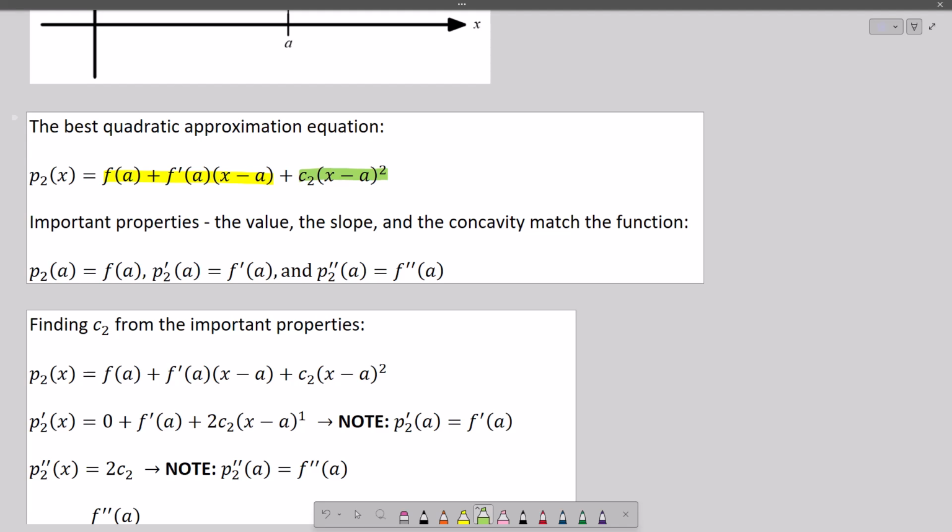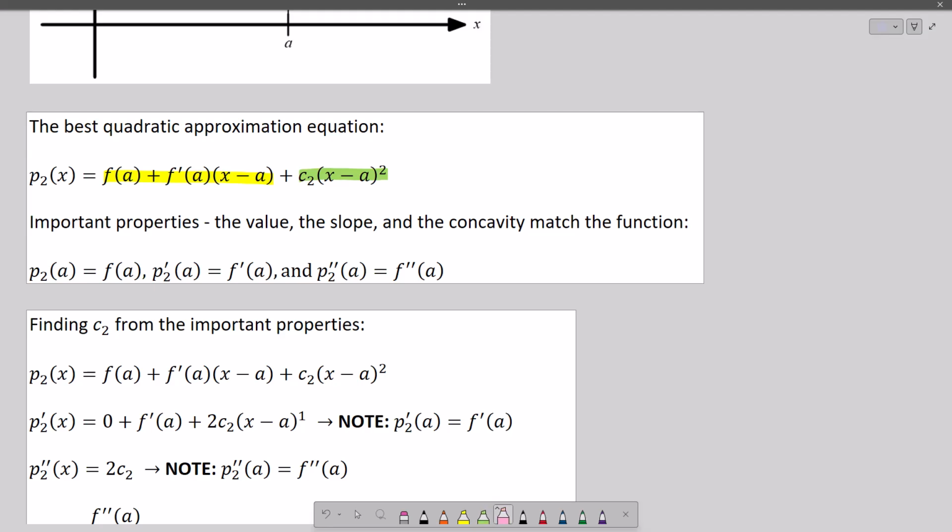If we make our quadratic term have a form that has an x minus a in it, notice that if you plug in a for x, these two terms disappear. And we need that to happen so that we end up with p sub 2 of a is equal to f of a.